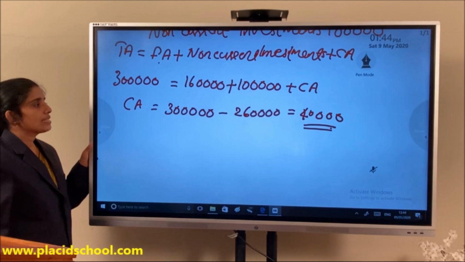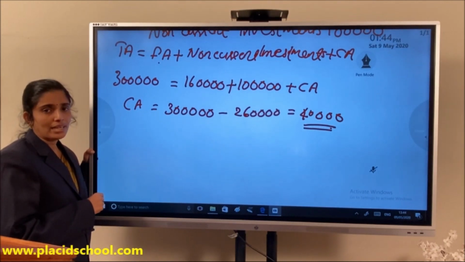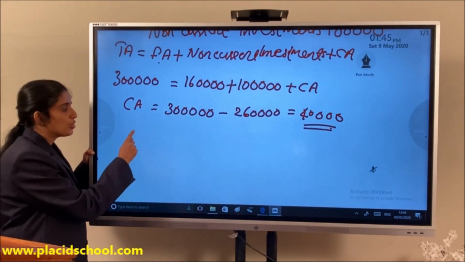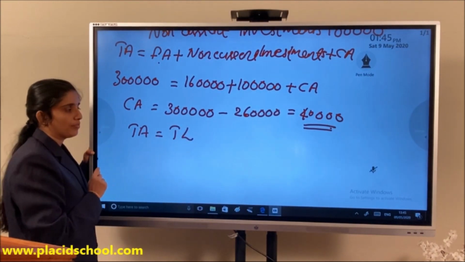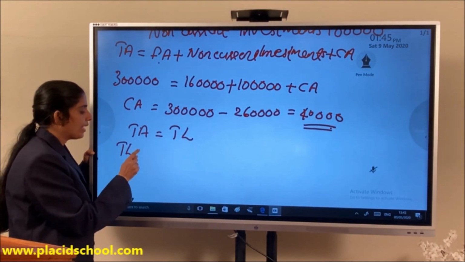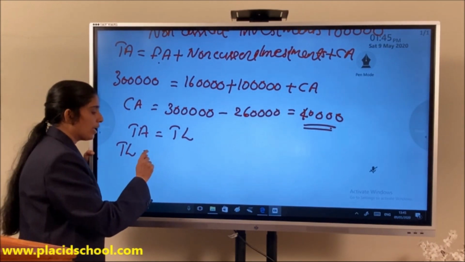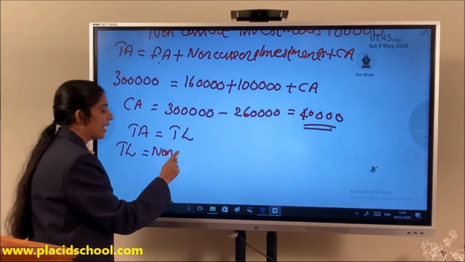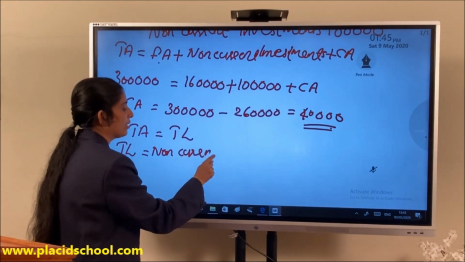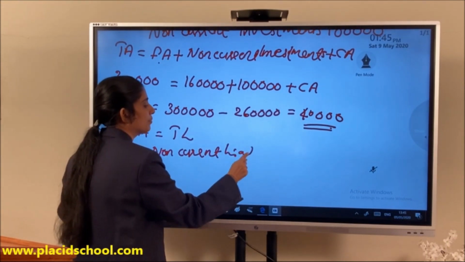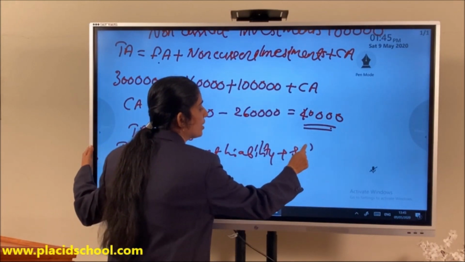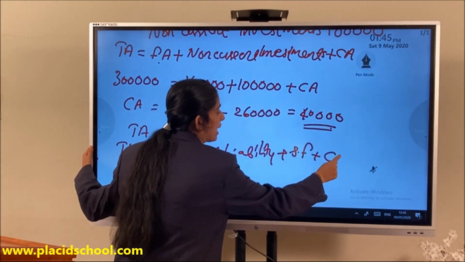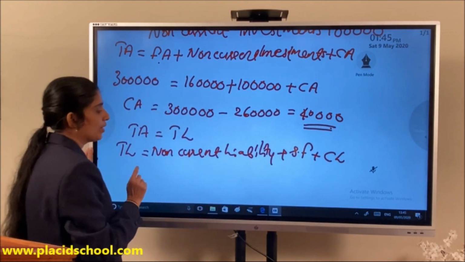Next step is to calculate current liabilities. Total assets equals total liabilities. So total liabilities equals non-current liability plus shareholders' fund plus current liability.